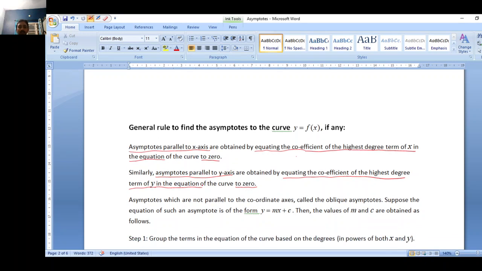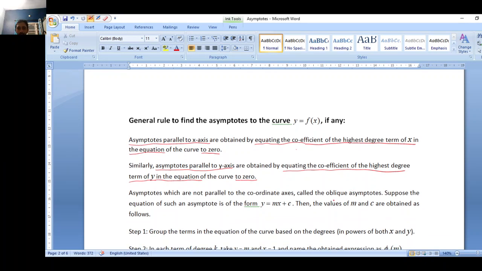Now we go for the next part, where we find the oblique asymptotes. I repeat, oblique asymptotes are those asymptotes which are not parallel to the coordinate axes. So these asymptotes are neither parallel to the x-axis nor parallel to the y-axis. To find these, we have a set of rules, a certain number of steps which have to be followed.